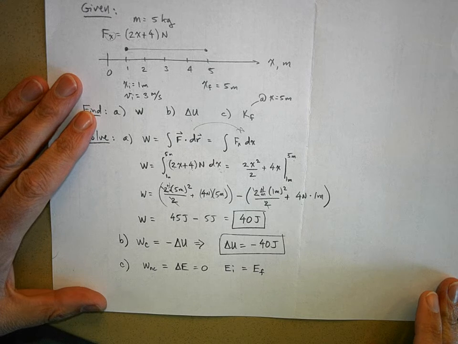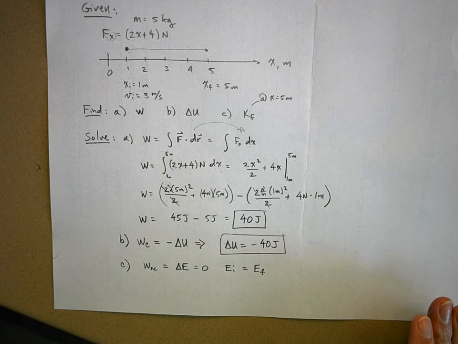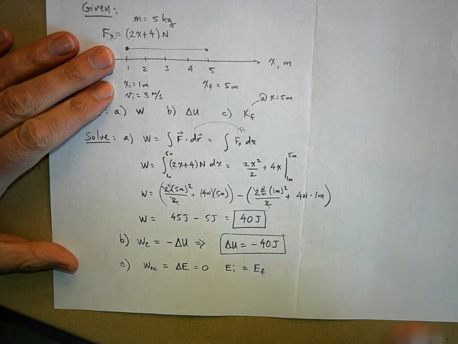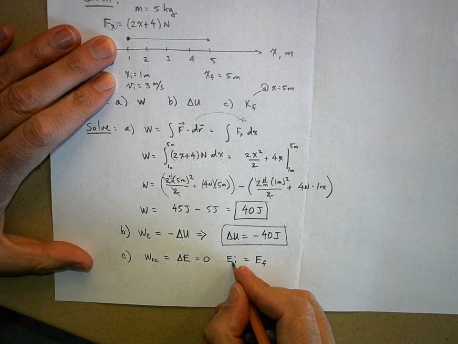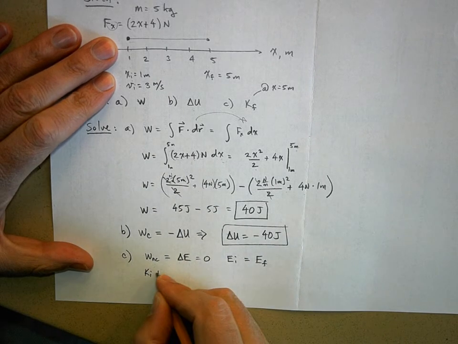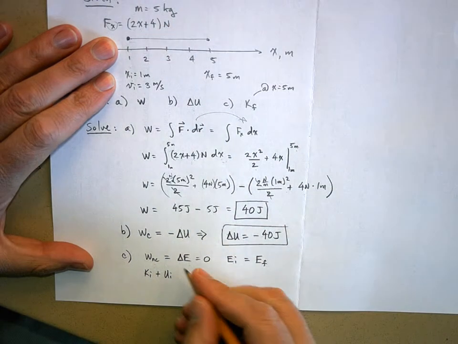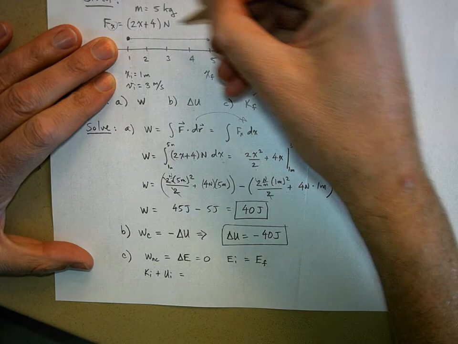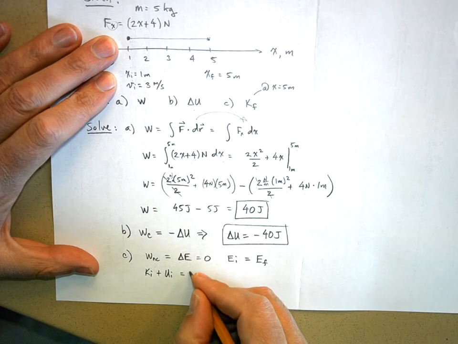Well, what is the initial mechanical energy in here? E initial is the initial kinetic energy plus the initial potential energy, and that will have to be equal to the energy at my end state.